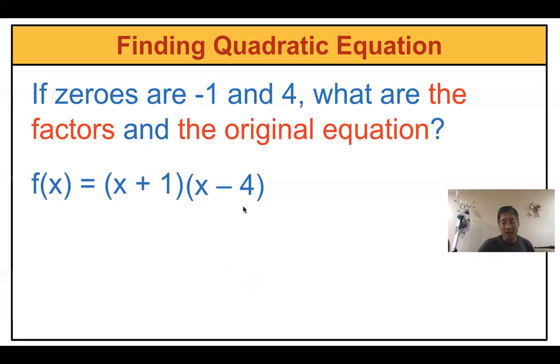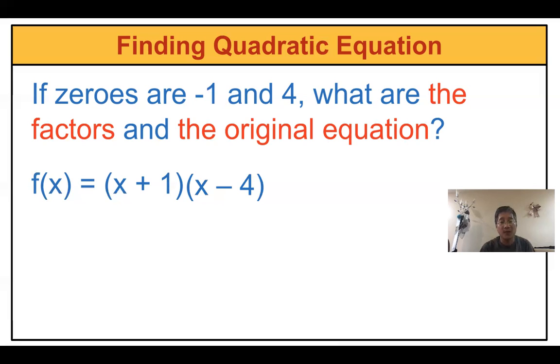That's the first step. Now, the second step is, actually this is the original equation already, but we call this the factored form. What form? Factored form. Now, sometimes we need to change this into the standard form, which is the ax squared plus bx plus c form. So how do you change it to the standard form?